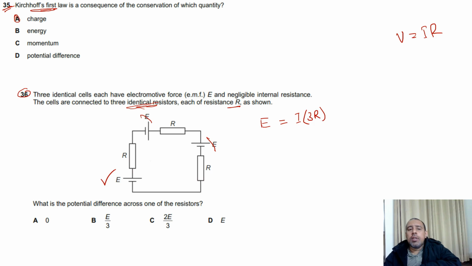What is the potential difference across one of the resistors? E by 3 is equal to IR. This is the voltage across any resistor. That's why option B is the correct answer.